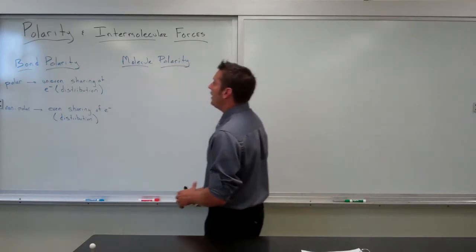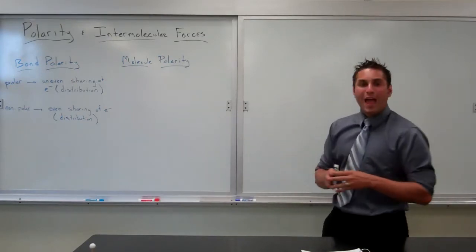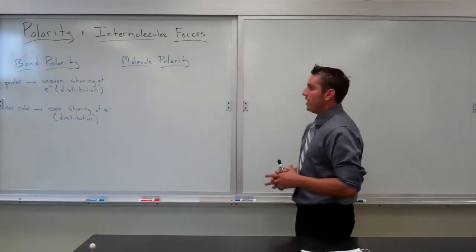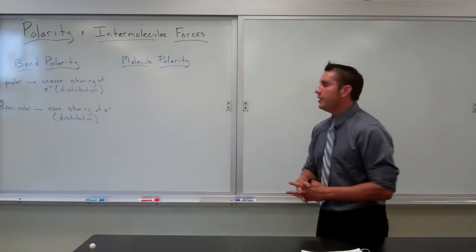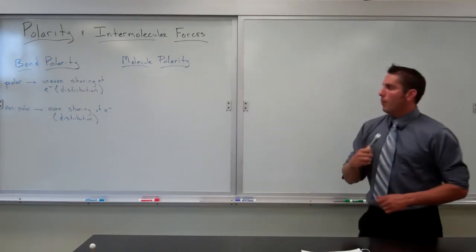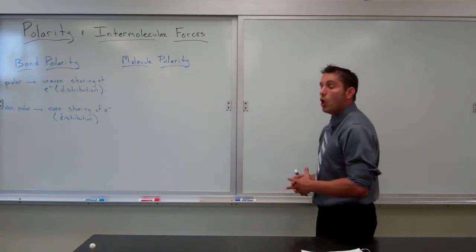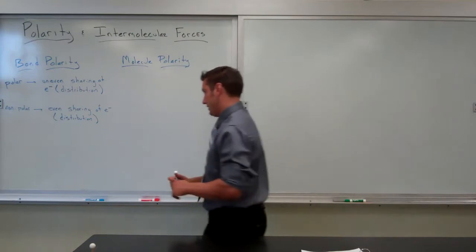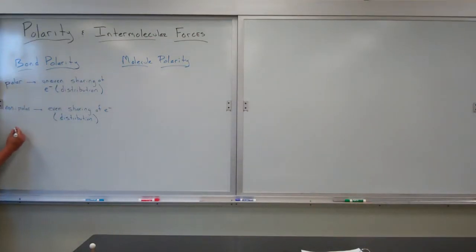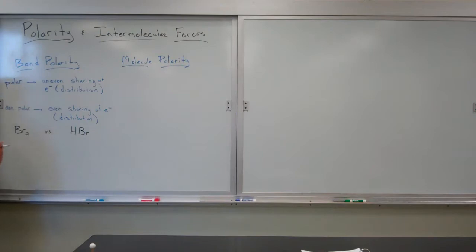Bond polarity is polar if the two atoms that are sharing the electrons in a covalent bond are not the same, and it is nonpolar if the two atoms that are sharing the electrons are the same. For instance, if we looked at Br2 versus HBr.